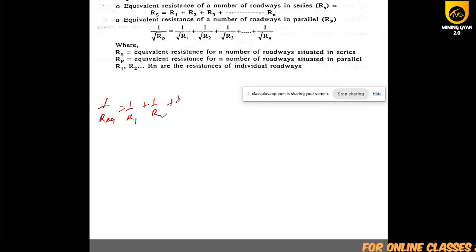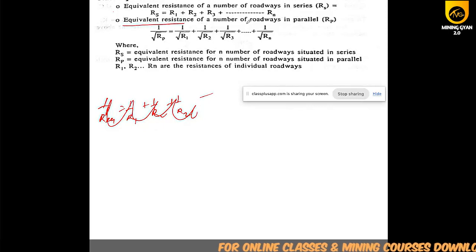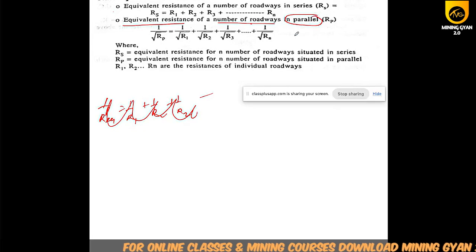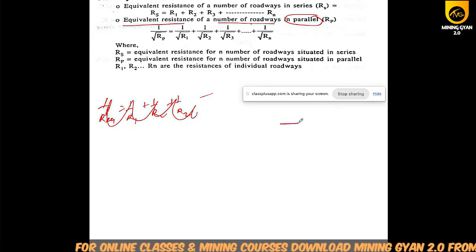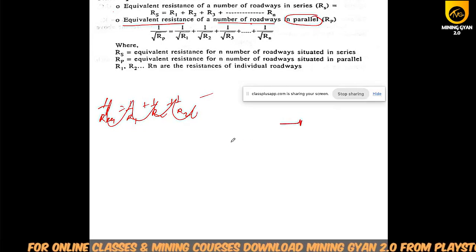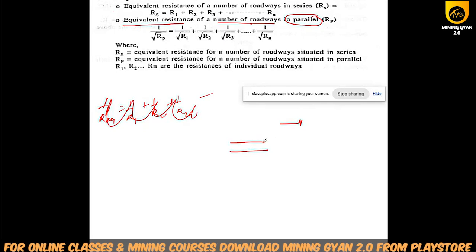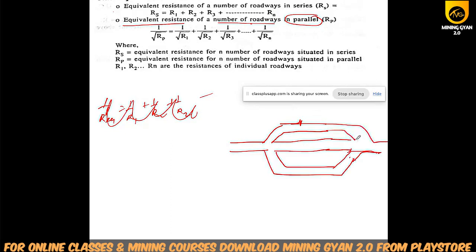But here in ventilation, if you want to find the equivalent resistance of a number of roadways which are parallel, parallel means these are your districts which are parallel, like this.